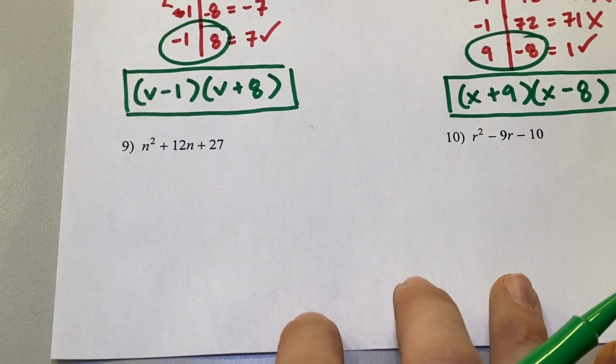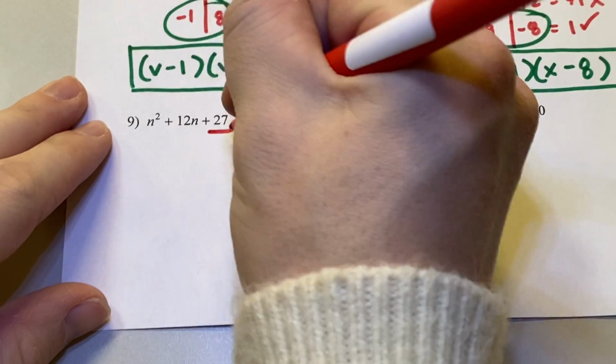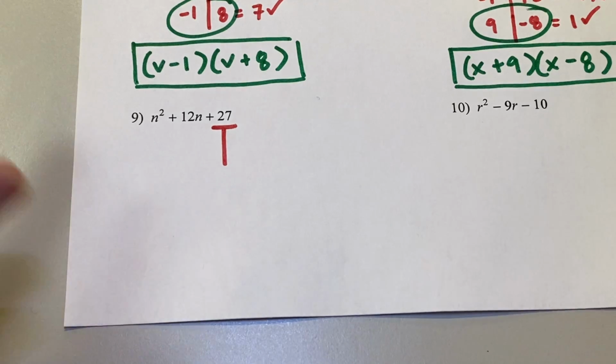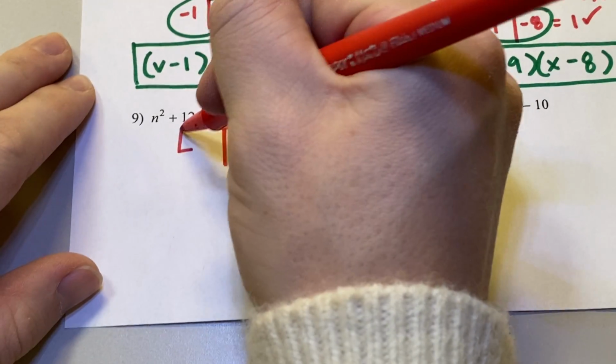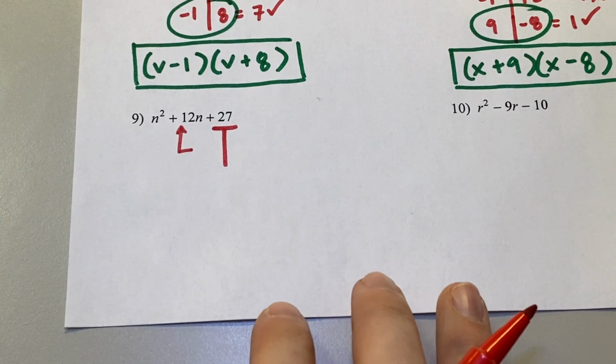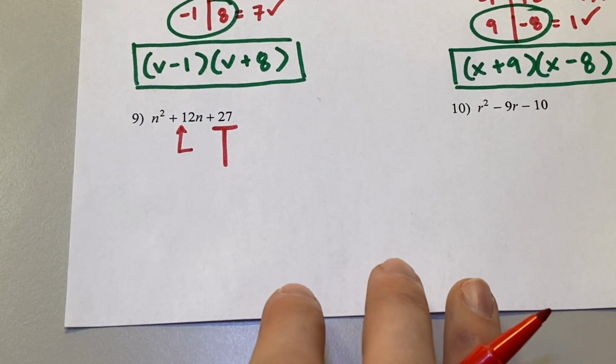Okay, two more examples. Let's keep playing. What number do I look at first? 12. And which was my last number? 27. I need two numbers that multiply to give me a positive 27, but add together to give me 12. Just think, what are two numbers that give me 27?